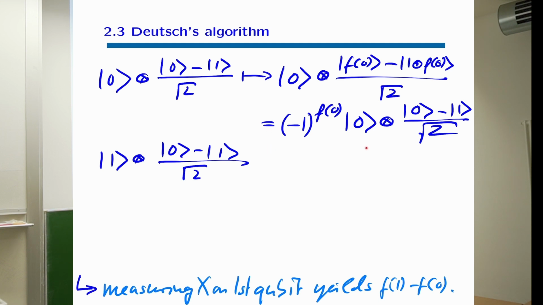But in the end we get a completely analogous result to what we had here, and this maps to (-1) to the power of f of 1 times 1 tensor 0 minus 1.